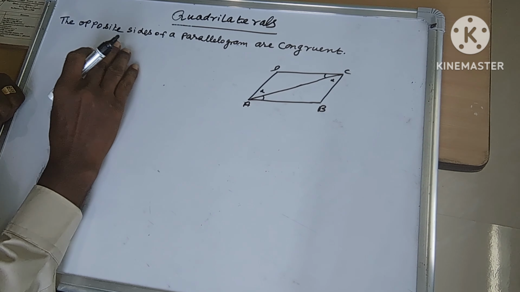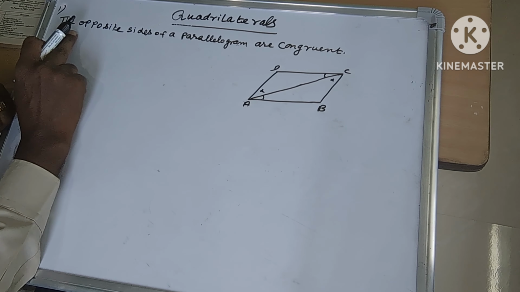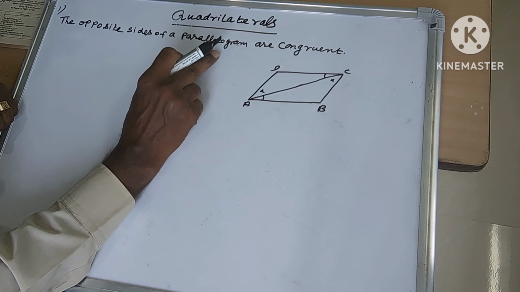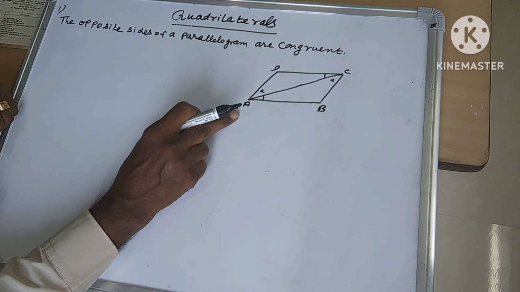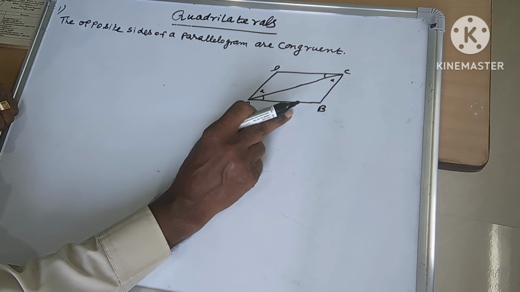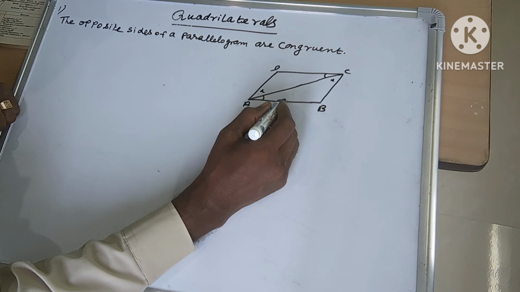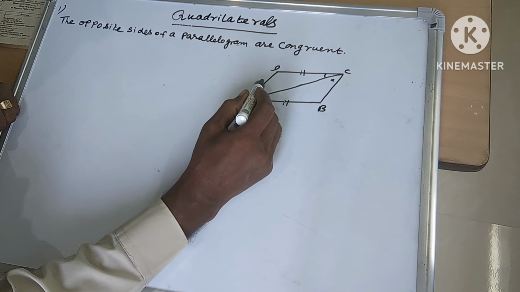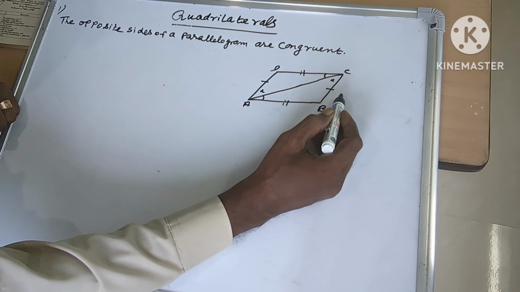This is one result. The opposite sides of a parallelogram are congruent. So this is a parallelogram. In this parallelogram, opposite sides, say AB opposite to DC, these two are congruent, and AD and BC congruent.